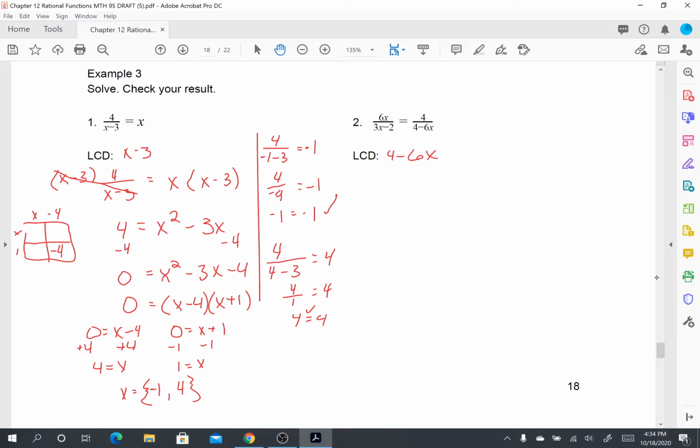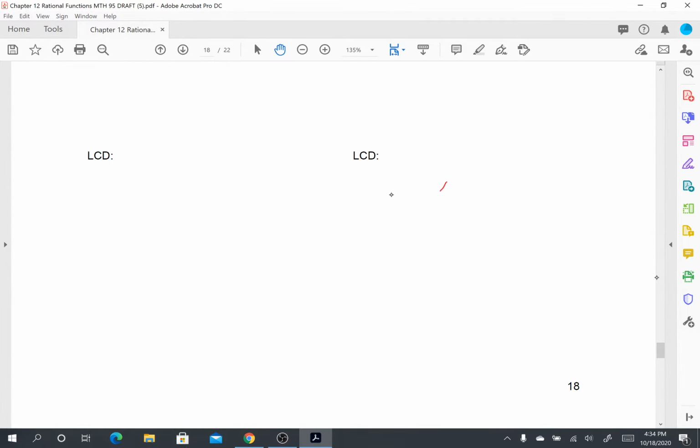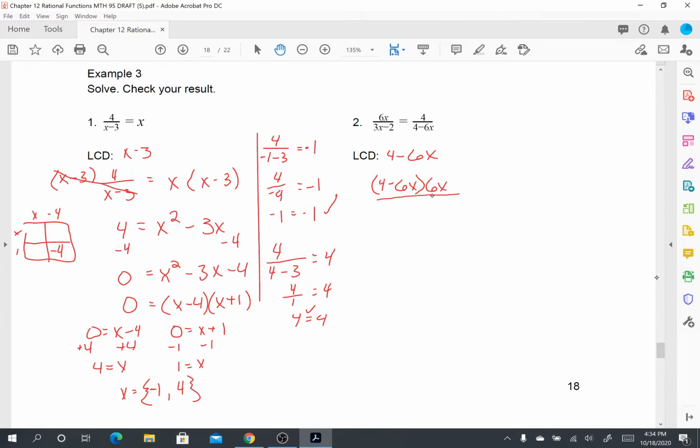Normally, just for the record, the way I'd solve this would be to multiply both sides of my equation by the denominator separately and simplify, but we're trying something new. Let's see how we do. So we're going to have 4 minus 6x up here times 6x over 3x minus 2.